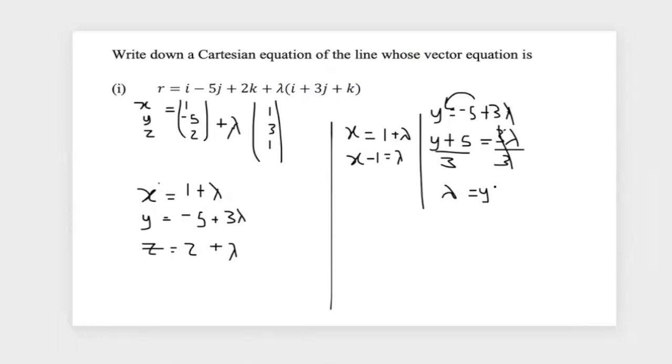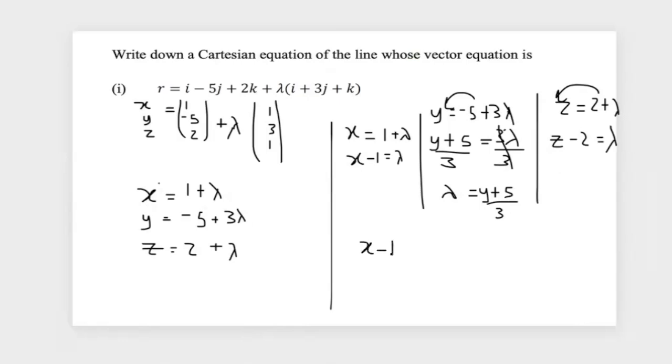Now we're going to do the same thing for z equal 2 plus lambda. We carry over the 2, so we have z minus 2 equal lambda. And you equate all of these to be equal.